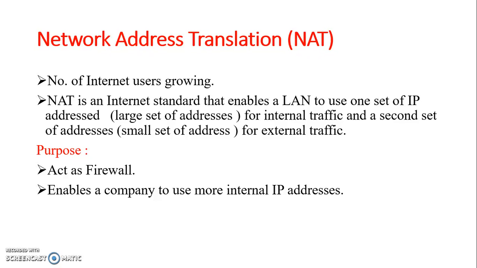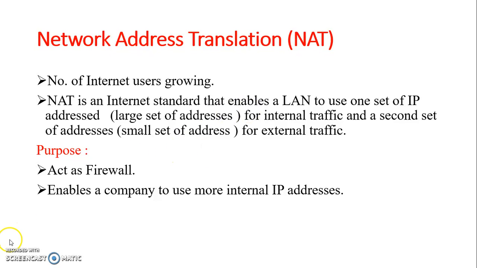Now the internet is being used from a home to a small business, or even a larger business, and several hosts and routers need to be connected, and obviously they need IP addresses. So this shortage of addresses is overcome by a technique called network address translation.